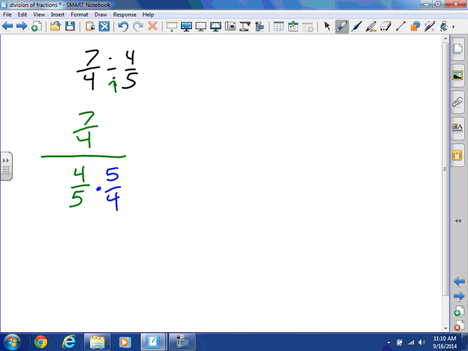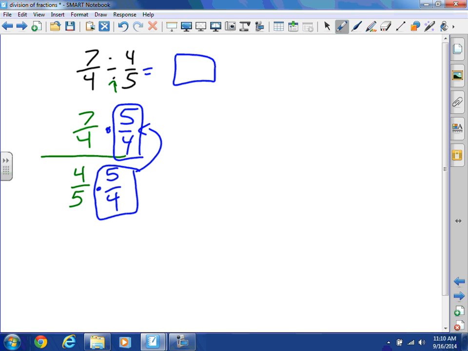7 fourths. But if I want to keep my answer equal, if I multiply this by a factor of 5 fourths, what do I have to do to the other part of the problem? I have to multiply it by 5 fourths, right? Whatever I multiplied it by down here, I have to use the same thing up here to keep it the same.